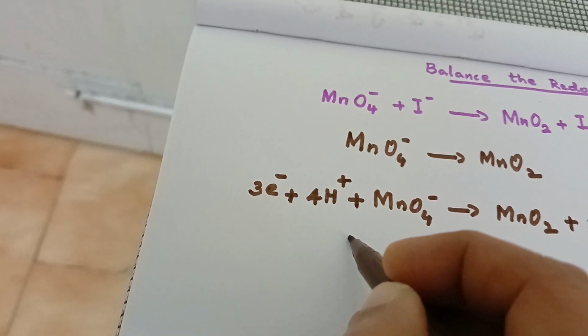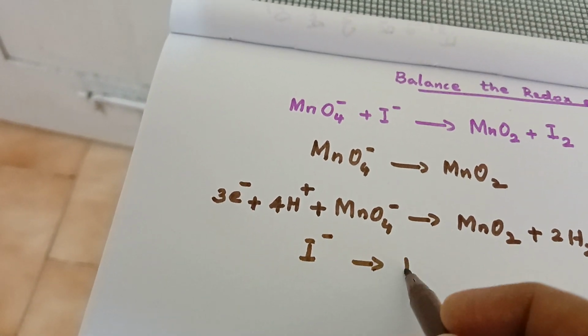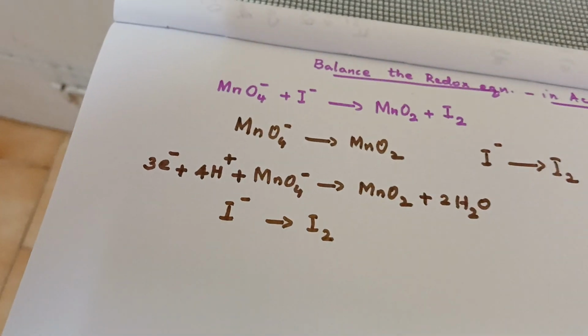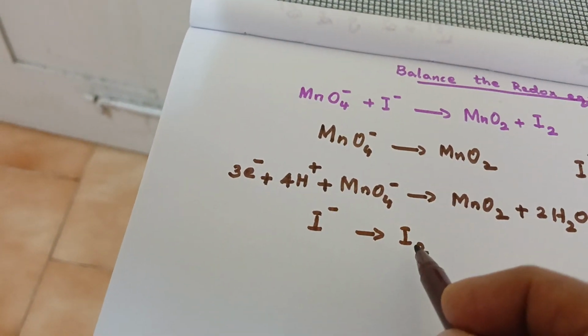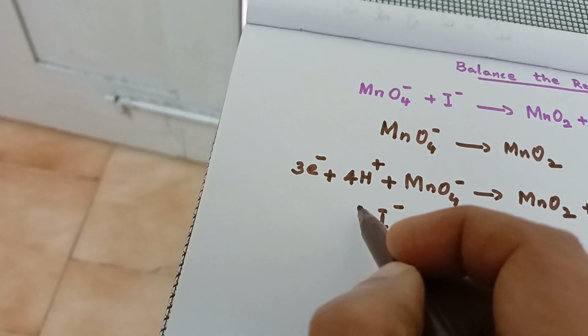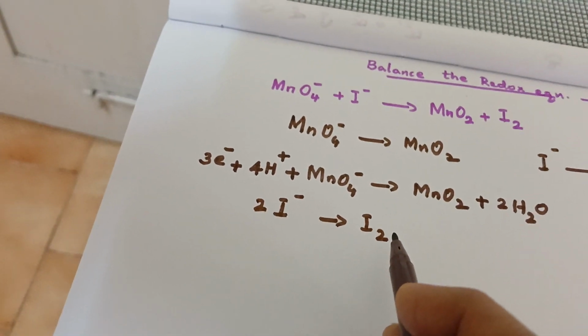Now let us take the next equation, that is I⁻ giving I2. Here we have only iodine atoms. Right hand side there are 2, so let us put a 2 here. Now we have 2I⁻ giving I2.